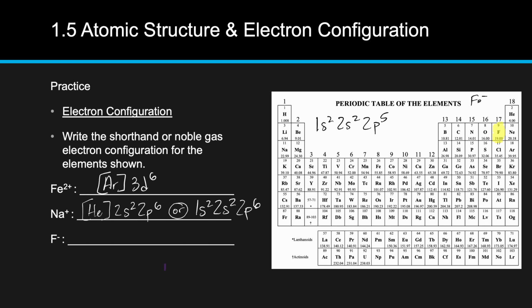So we're adding an electron to our electron configuration. So this 5 would now be a 6. So our electron configuration is 1s2, 2s2, 2p6.